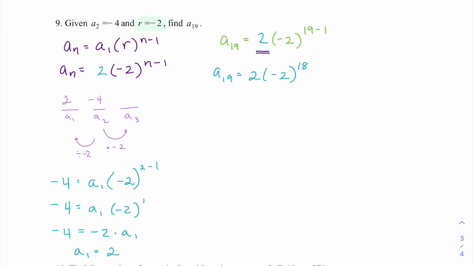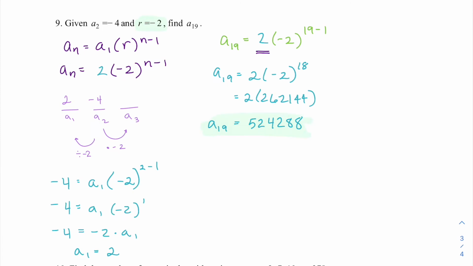When you raise a negative to an even power, it should be positive. But if you don't put the parentheses there, it's going to give you a negative. So I'll get 2 times 262,144, and then A19 is going to be 524,288. And we are done with this problem.